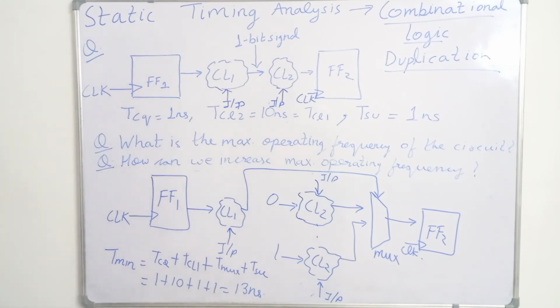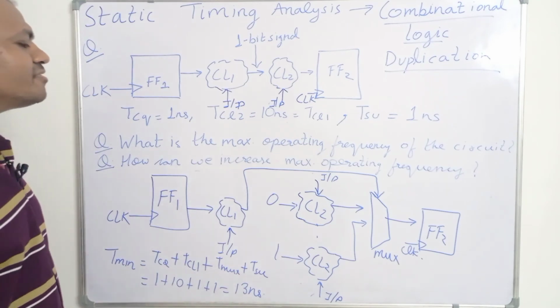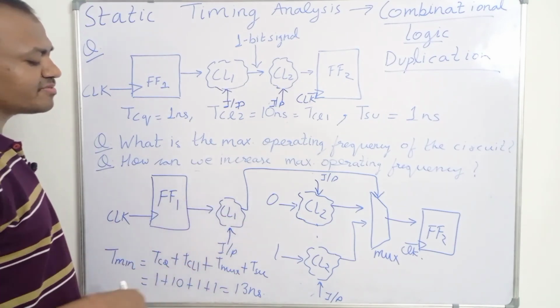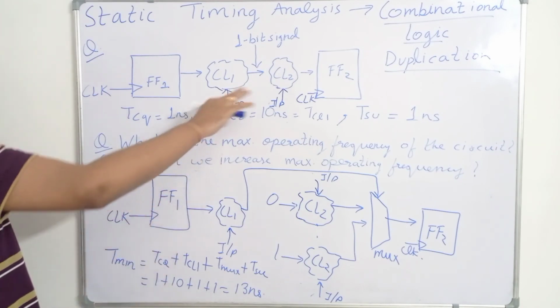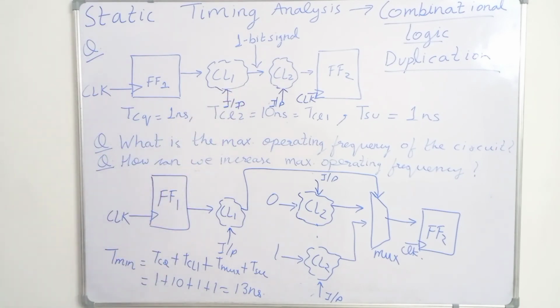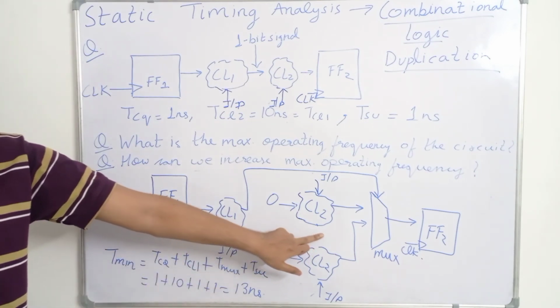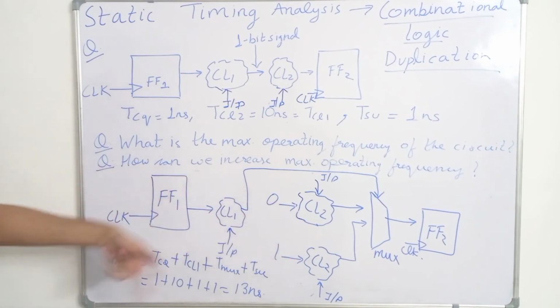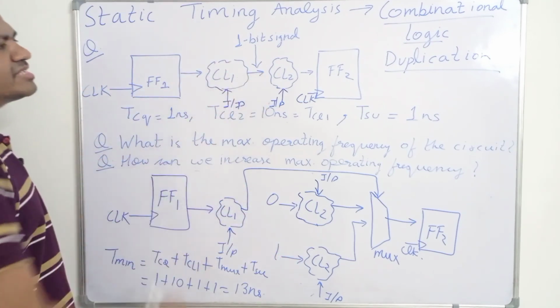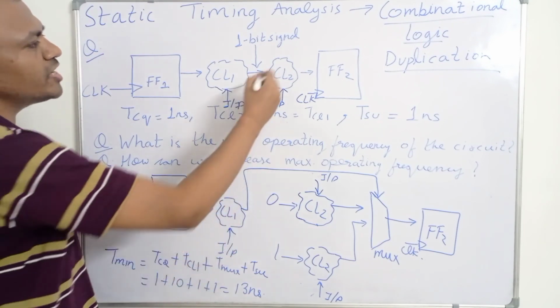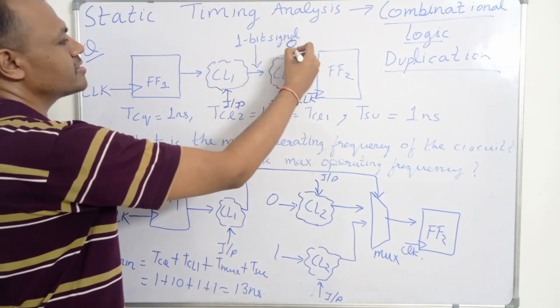So this is the concept of combination logic duplication. What we did was make CL1 and CL2 evaluate their outputs in parallel at the same time. CL2 is not made to wait for the output of CL1, and this is possible because the output of CL1 is a 1-bit signal, so it can be either 0 or 1.